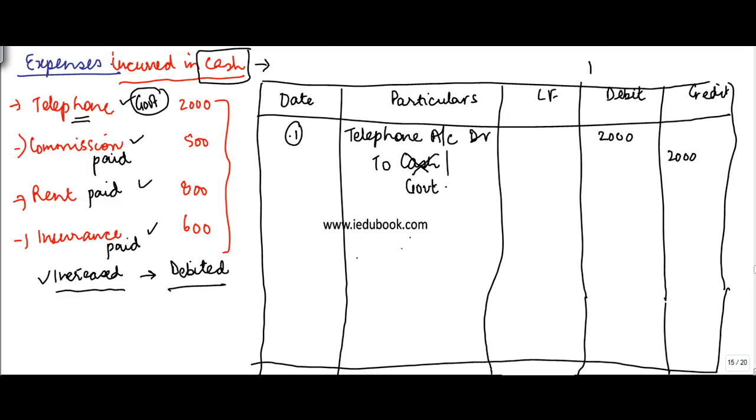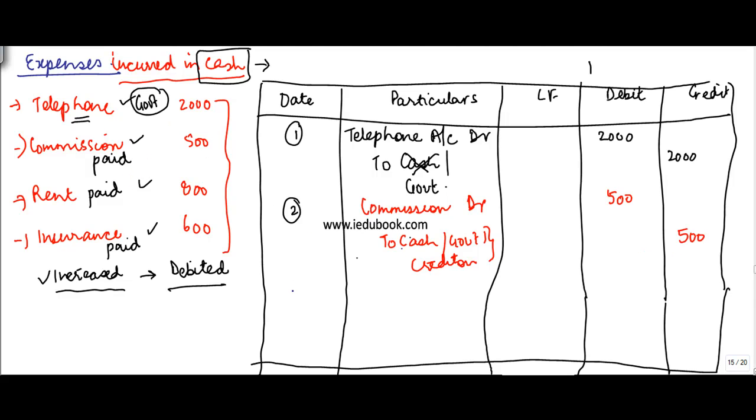Right? Second, commission, paid. Commission is an expense which is incurred, increased, so it has to be debited. Whatever you pay, cash, government, creditor. Depending on the mode of payment, the entry will be made.